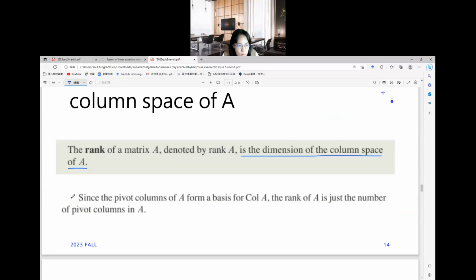Here's the continued review. Since the pivot columns of A form a basis for the column space of A, the rank of A is just the number of pivot columns in A. In other words, in order to determine the rank of A, we can count the number of pivots during the process of Gaussian elimination.